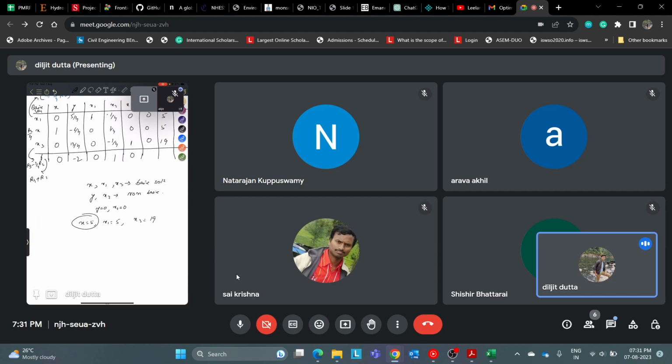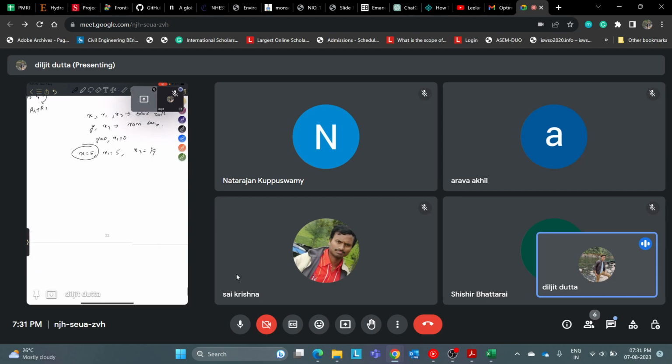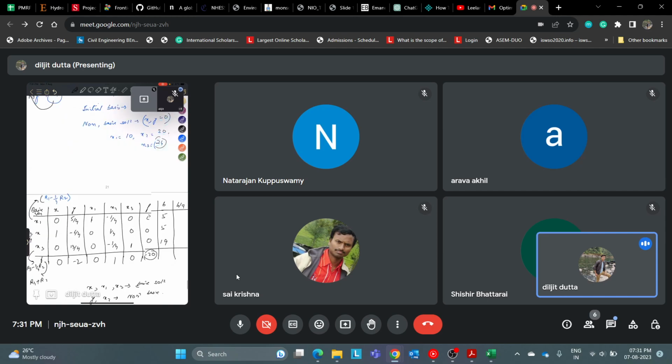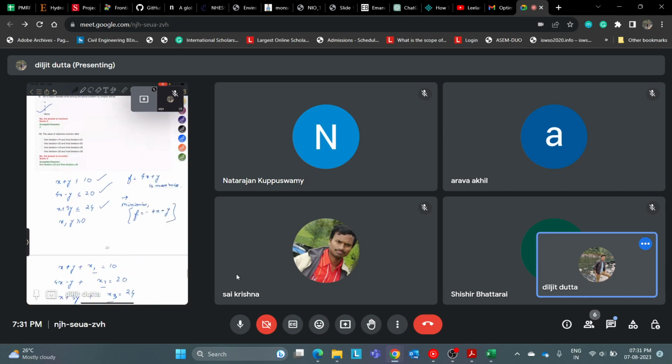So we have x is equal to 5, and what was our objective function, equal to minus 4x minus y, so y is 0, is equal to minus 4 into 5 equal to minus 20. So after the first iteration we will get the value of f as minus 20. If we do a maximization problem, it will be plus 20 since we converted to minus.